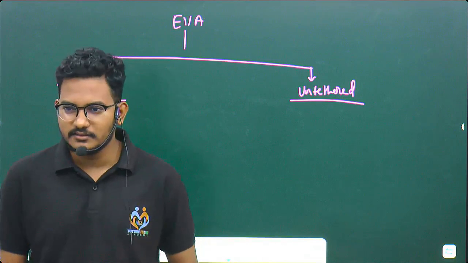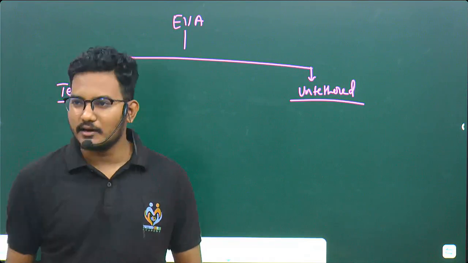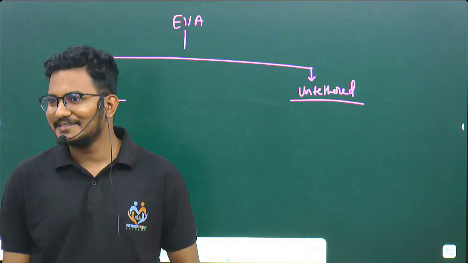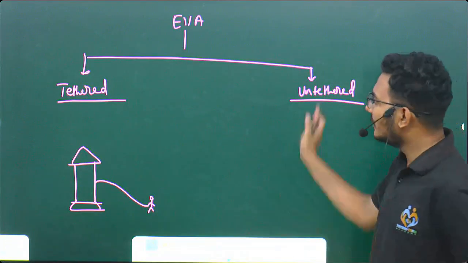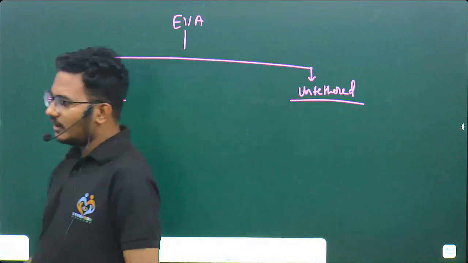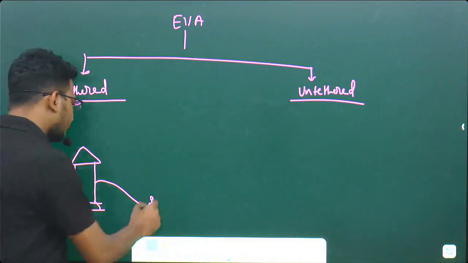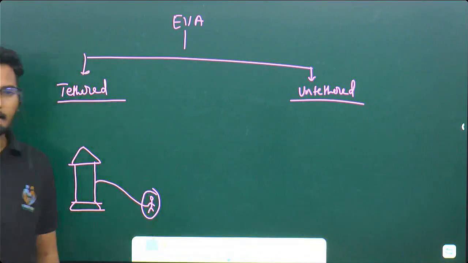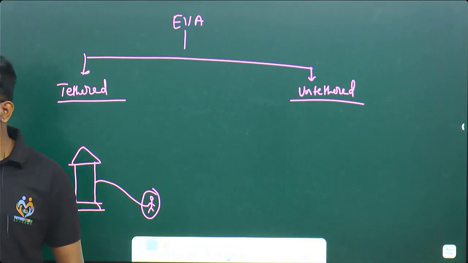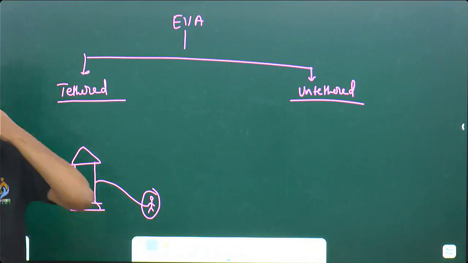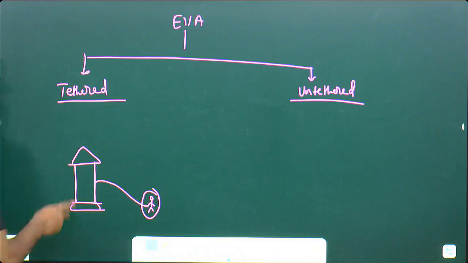Have you seen this? In Gravity they are highly advanced, so they use this untethered technology. So write down like this: tethered, body connected through the shuttle.